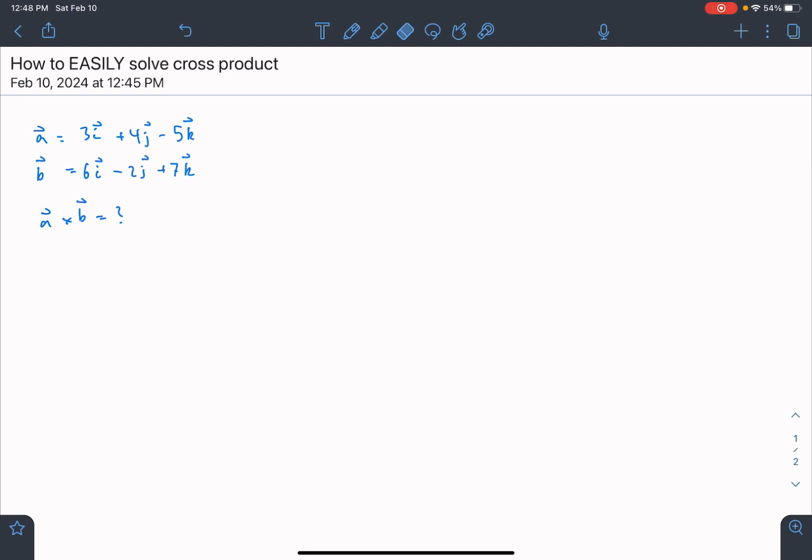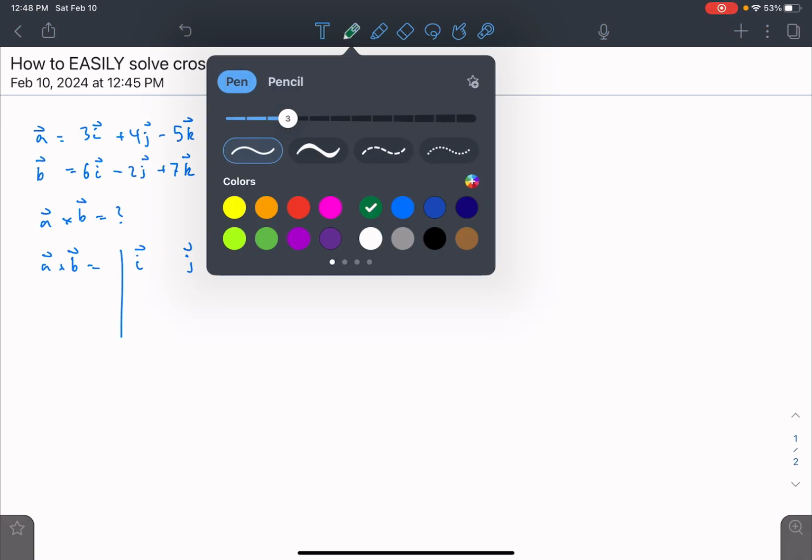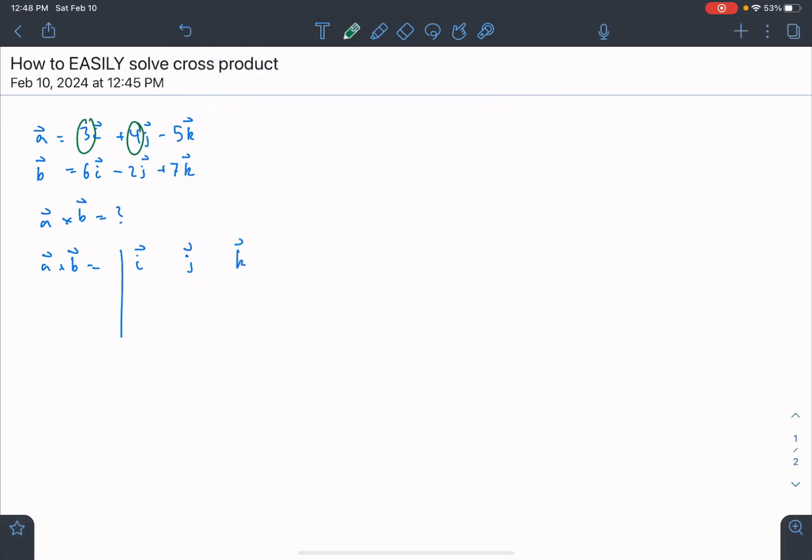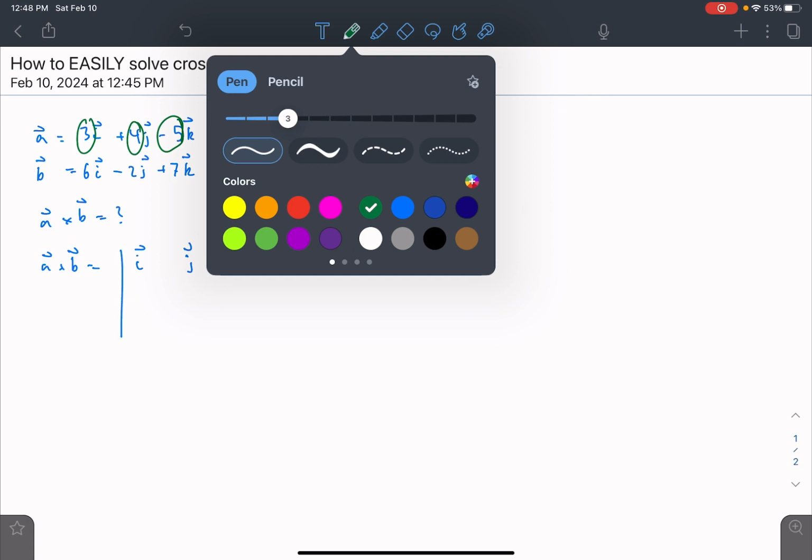So first, you want to create the 3x3 determinant. So the way you do that is you need to put in the first row simply i, j, and k, like this. In the second row, we put the coefficients of the A term, so 3, 4, and minus 5.